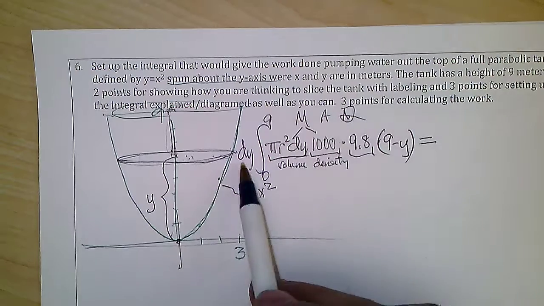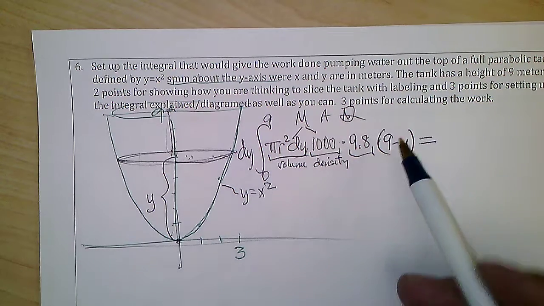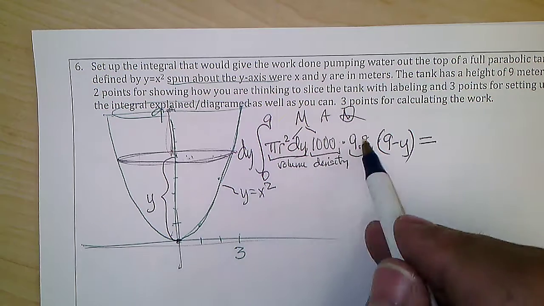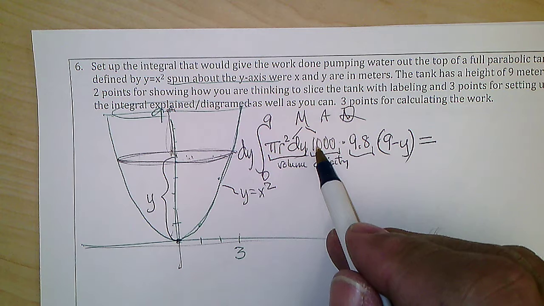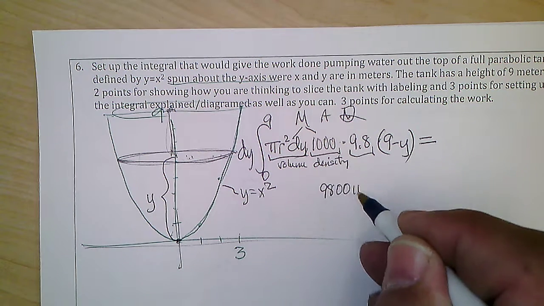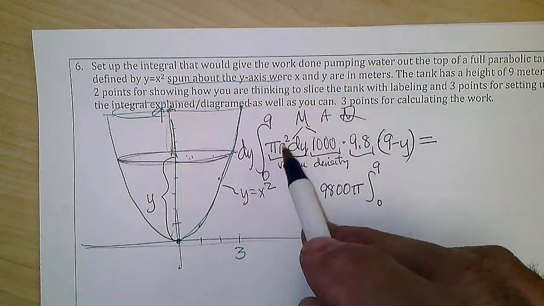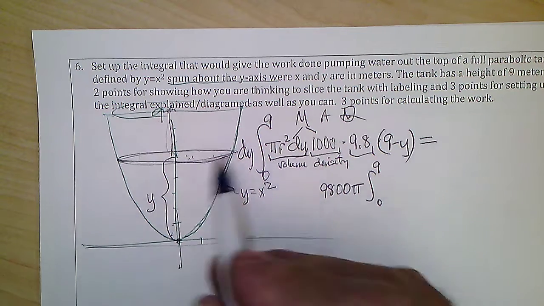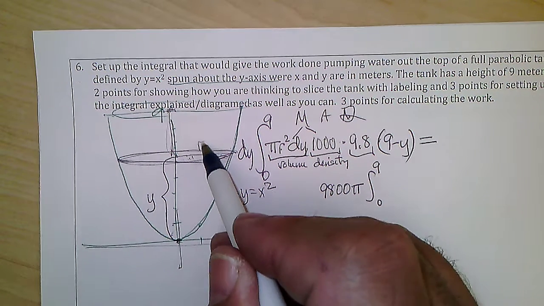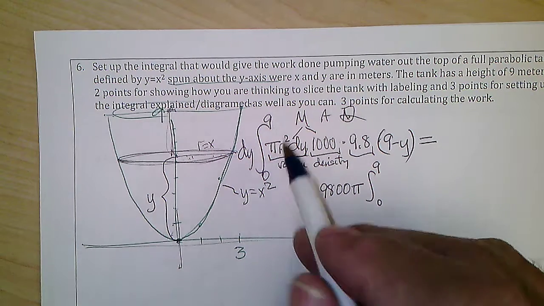Pulling out any constants, pi, the 1,000, the 9.8, we get 9800 pi. Integral from 0 to 9 of r. R is the radius of this, which is also equal to x. We need r squared.